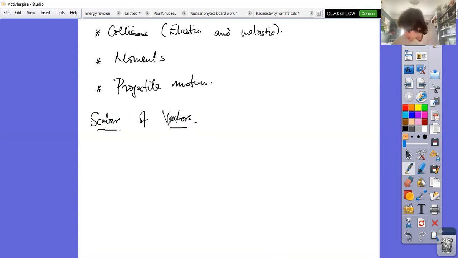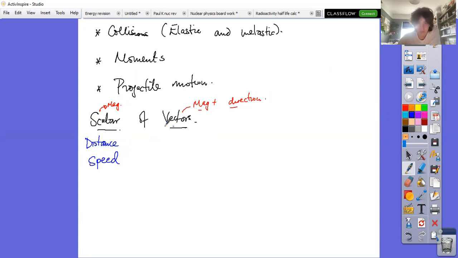Scalar quantities have magnitude and vector quantities have magnitude and direction. Correct. So in essence, we can think about vectors as two-dimensional and scalars as one-dimensional. The main scalars you need to acquaint yourself with, at least in relation to this topic, are distance and speed. Can you think of any vector quantity examples?